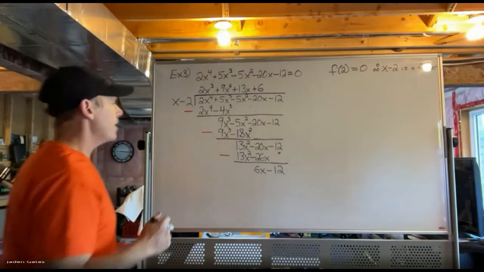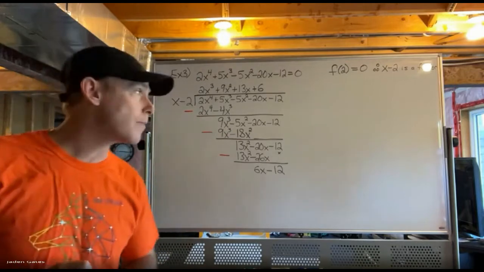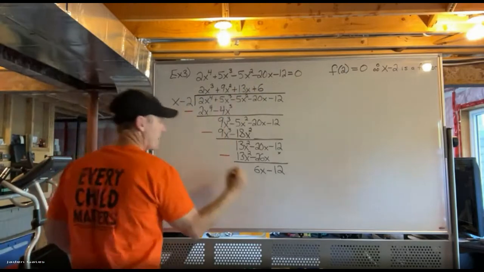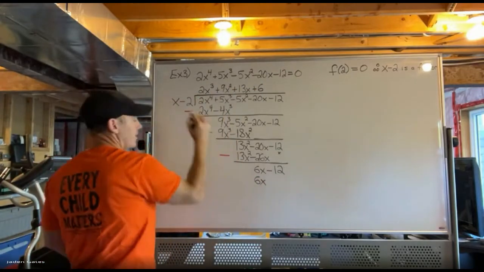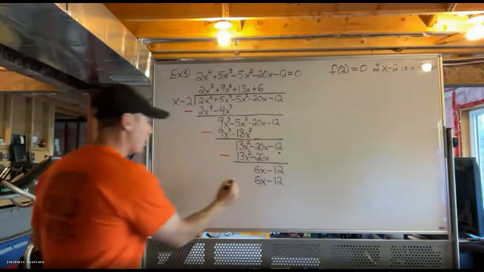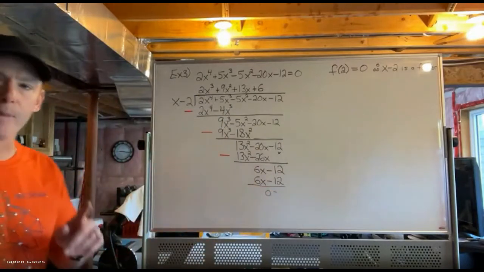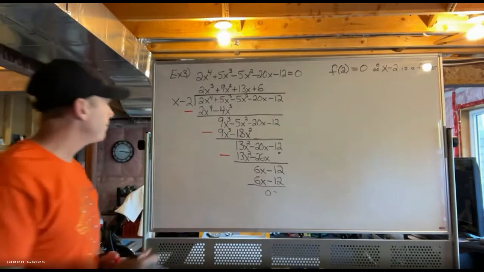I could stop there, but again, I just want to make sure I'm doing it right. Make sure I get my zero remainder, as I'm supposed to. So 6 times 6x, yeah, that matches up. And then 6 times negative 2 is negative 12. Of course, I subtract those. I get my zero remainder, which means I didn't mess up. Now, here's where we're at.